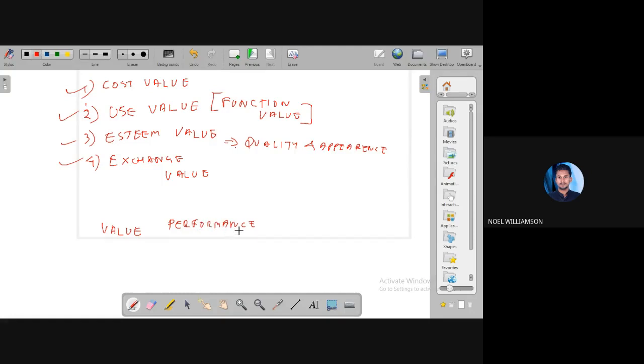So value just does not depend directly on the performance, but it also depends on the cost associated with that. That is, if the performance is high, then the value is high. And if the cost is becoming high, then the value reduces. So the relation we can say analytically, value will be equal to performance plus some other requirements by cost.